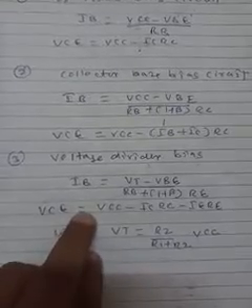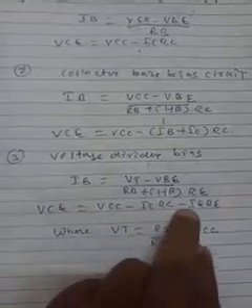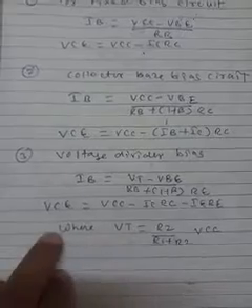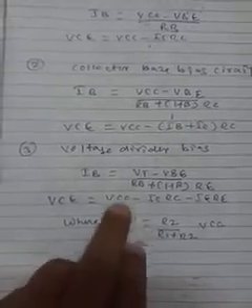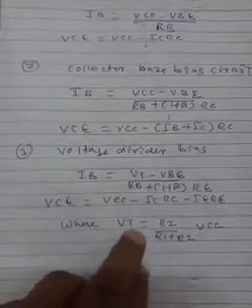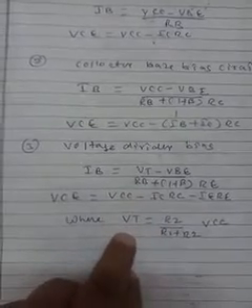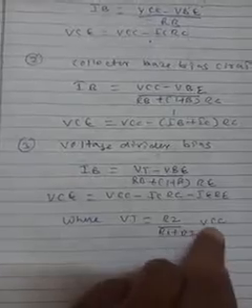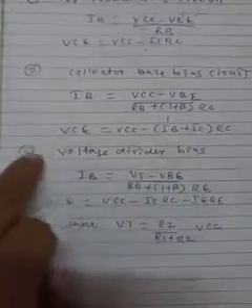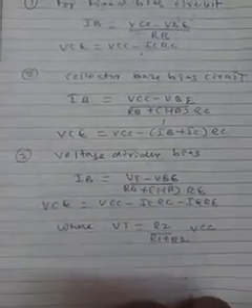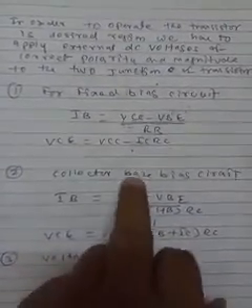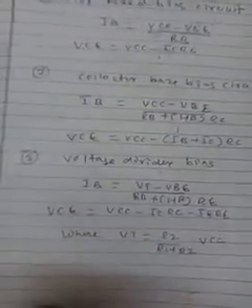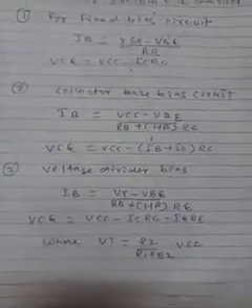Then VC is given by VCC minus IC RC minus VE RE, where VT is the Thevenin's voltage. Thevenin's voltage VT is equal to R2 divided by (R1 plus R2) into VCC. So let us see, this is our syllabus. In our syllabus we have the voltage divider bias, and the remaining you have to study yourself. Already I told the base bias, and this you have to go through. Okay, let us see the voltage divider bias in detail.